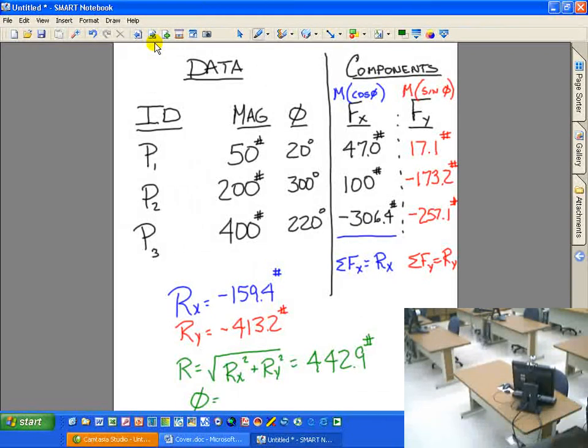So if I say phi is equal to the cosine inverse of Fx over F, I can pick any of them. Actually, let's do the tangent, because that way we don't use any reciprocal numbers.